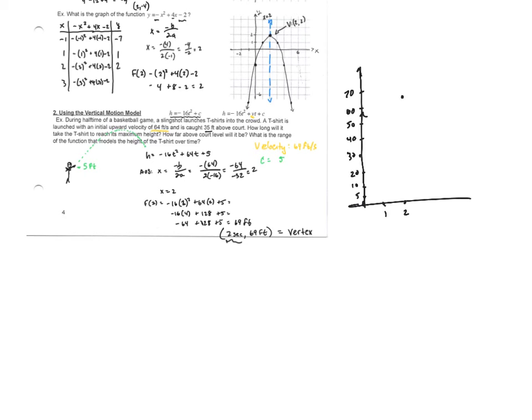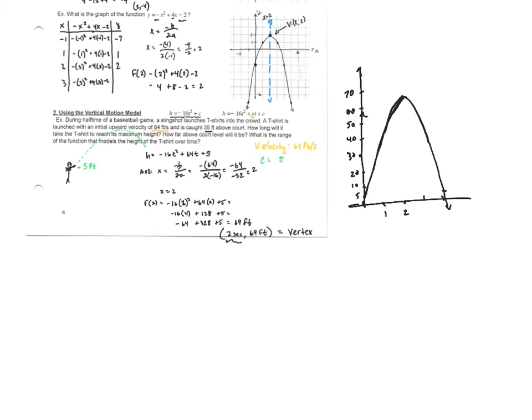At 5 feet, we know it's going to be coming down to 5 feet where we shoot it from. And then at 4 seconds, remember we're talking about symmetry, it's going to be at 5 feet again.